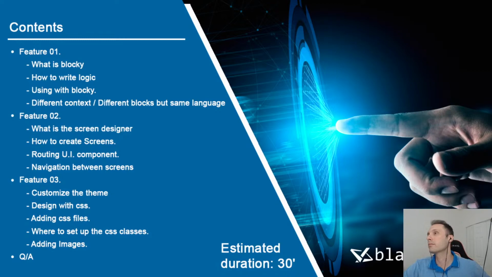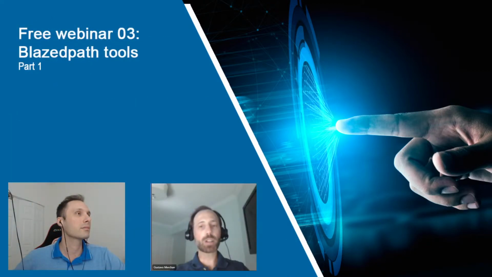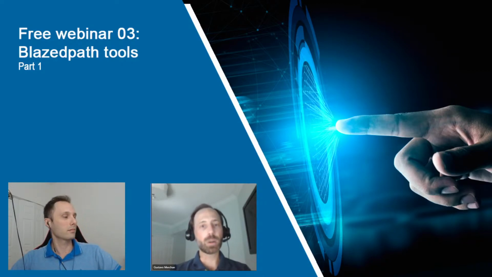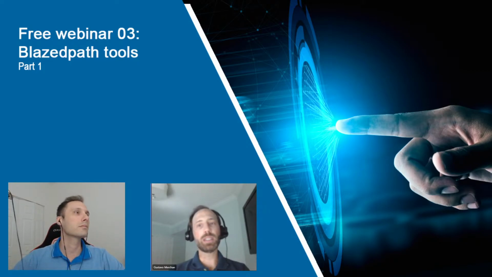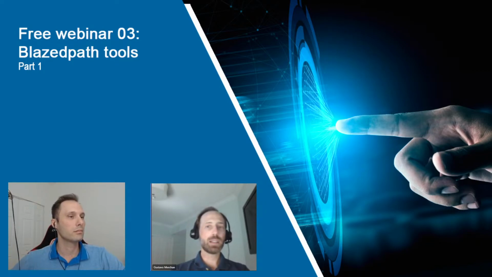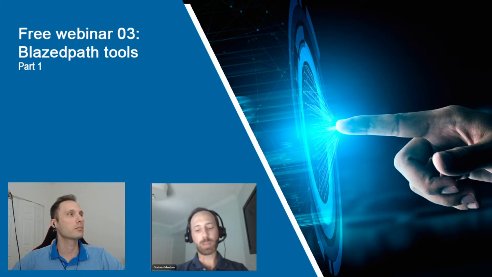Yeah, so today we'll see blockies, which are our main way of structuring custom code without actually coding. This is one of the most important aspects of Blazedpath because it's the same language, or pseudo language really. It's based on blocks of instructions that are used all over the application, all over the platform, to customize behaviors and logic, both in the front end, in the back end, and in other parts of the platform.